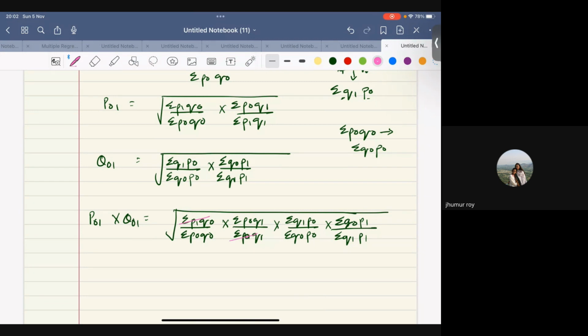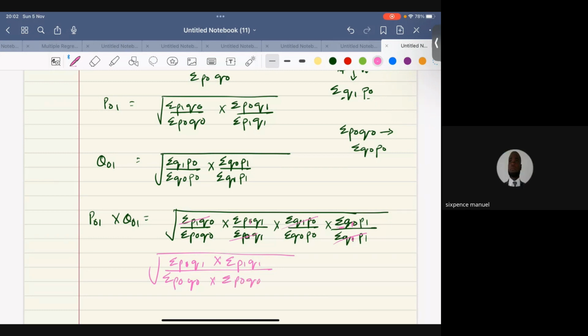Q0 P1, this and this will cancel. So you are left with sigma P1 Q1 multiplied by sigma P1 Q1, divided by sigma P0 Q0 multiplied by sigma P0 Q0.